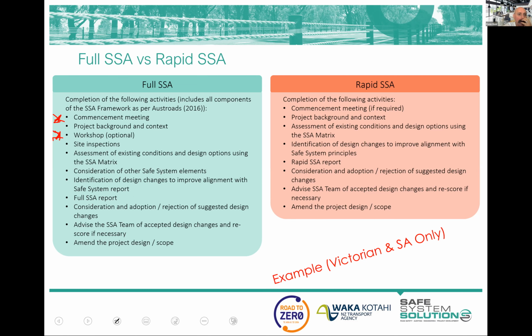So site inspection is another one. In a rapid, it can be done desktop. Now, a lot of rapids we will still go out on site because it adds value, and you like to do that, but you may not do that in a rapid. You still assess the matrix and fill out the matrix, all the design options, you fill it all out the same. The consideration of those qualitative questions is another one that can drop off in a rapid.